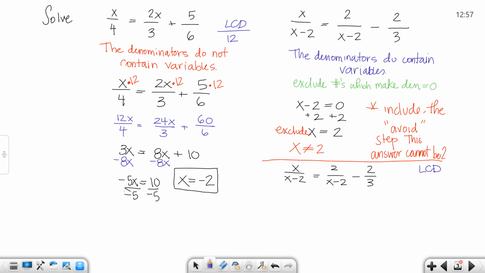So my least common denominator for this particular problem has a 3 and it has an x minus 2. So I'm going to put a 3 and an x minus 2 in every top.